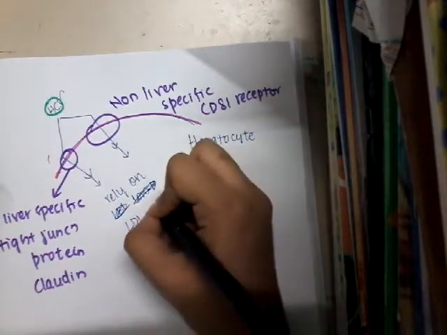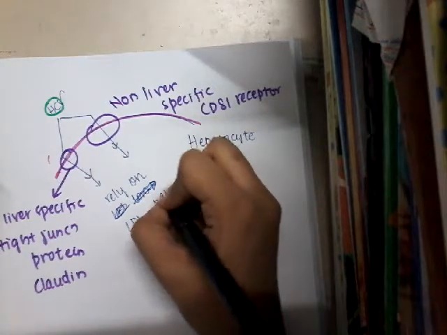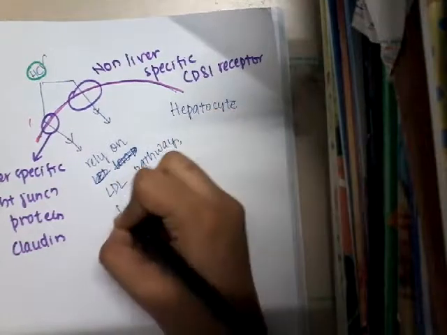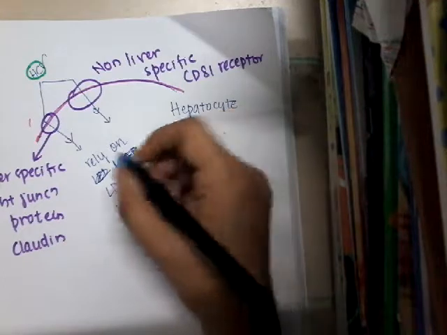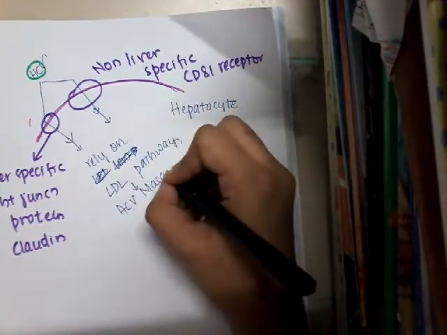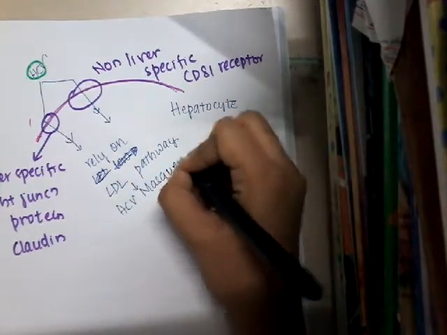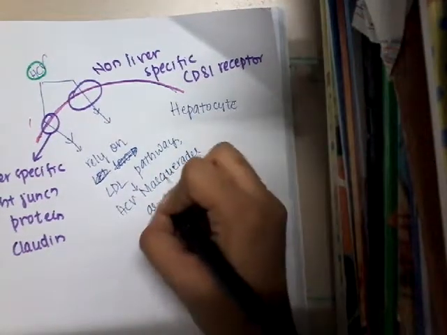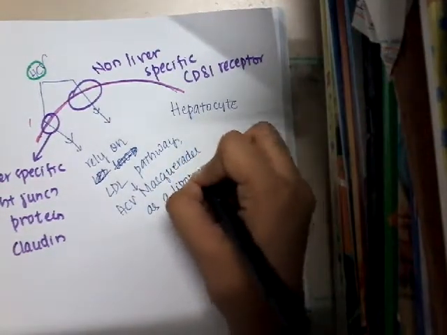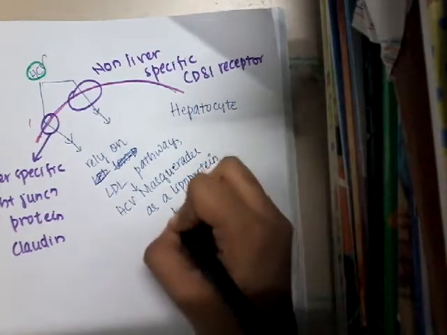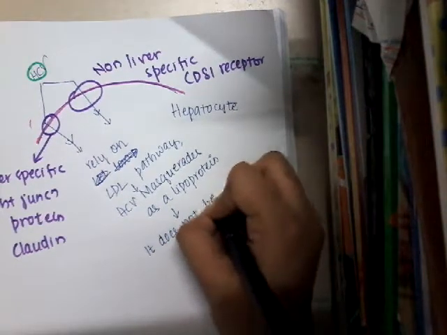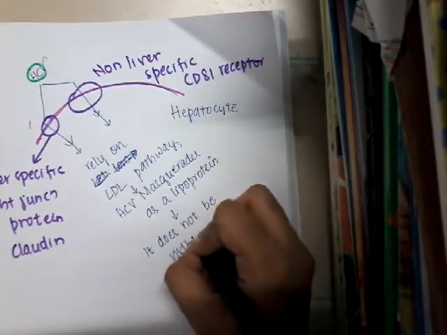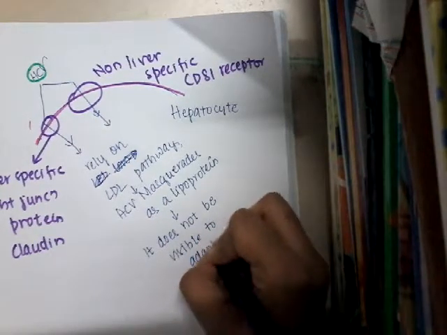It relies on the LDL pathway, and HCV masquerades as a lipoprotein. Because of this lipoprotein, it is not visible to the adaptive immune system. So the adaptive immune system cannot catch it.